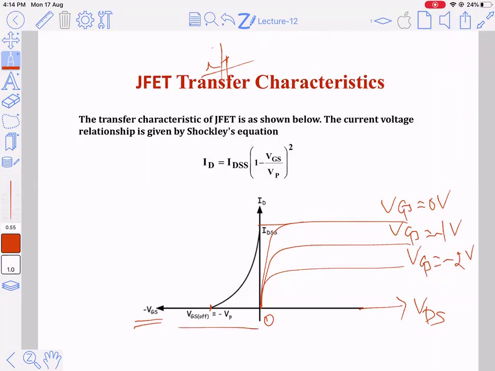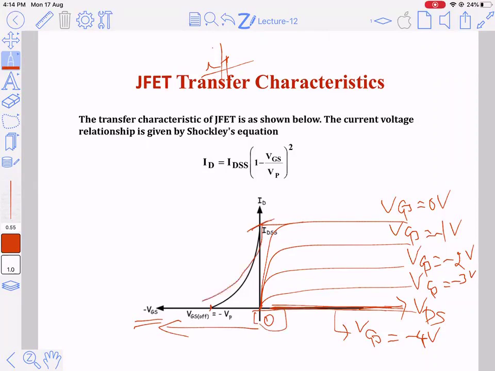As you keep on increasing VGS in negative, this is for VGS equal to -3. At -4, it is touching the x-axis. That means current is 0. Say -4, it's just an example. When VGS is 0, the current is maximum, and as you keep on increasing VGS, the current drops down. The value of VGS at which the current is 0, that is your pinch off.